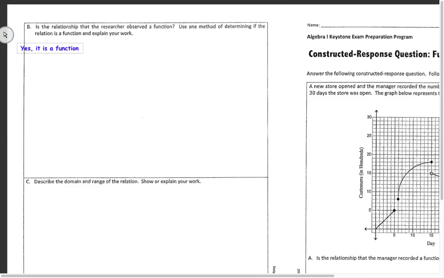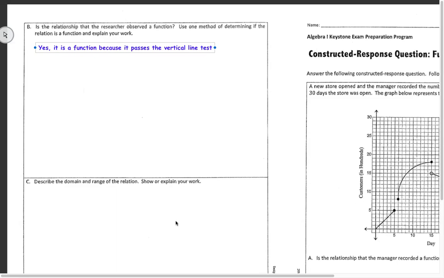So yes, it is a function because it passes the vertical line test. That's it. Easy enough.